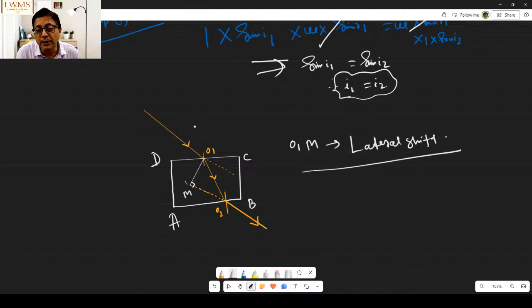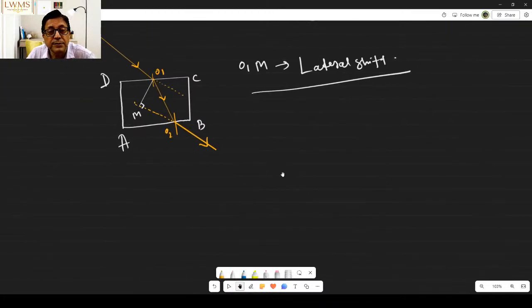Your problem is to find the value of this lateral shift when a light ray suffers refraction through a rectangular glass slab. We have taken the cross section of a rectangular glass slab. So this lateral shift we are going to calculate.